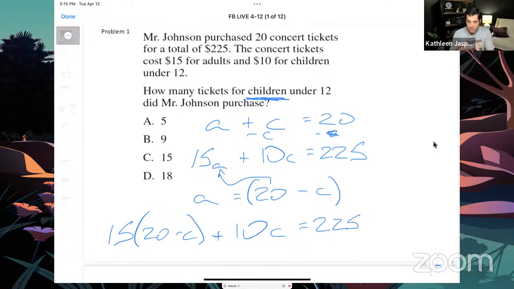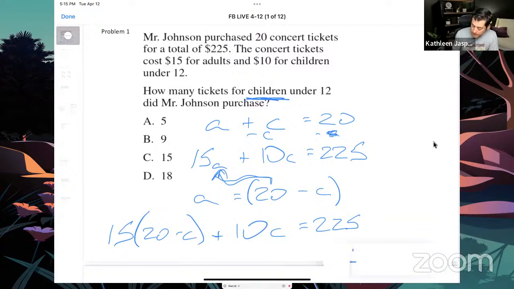Okay, so what we did is we took our two equations, we isolated one of the variables, specifically the one they asked us for, children, so C. And when we substitute it back in, that's this quantity going in wherever there's an A, we get this 15 times the quantity 20 minus C plus 10C.